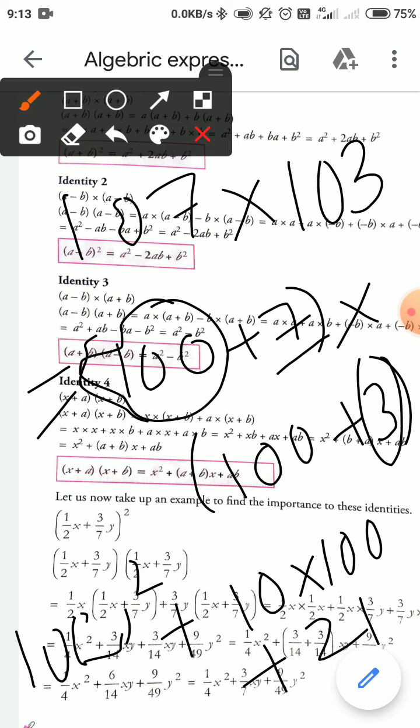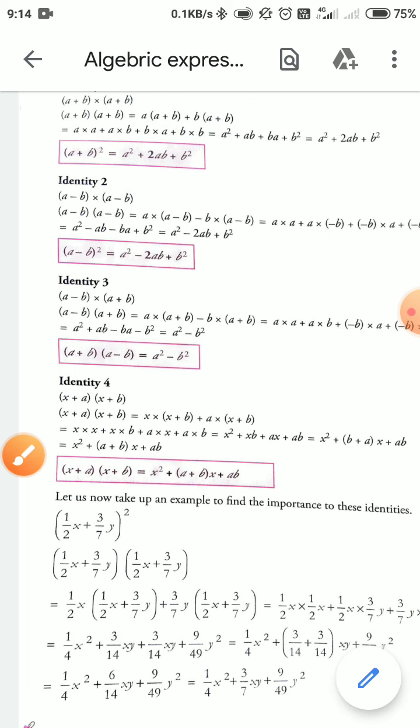What you will simply do is add 100 square with 1000 and then add 21, so it becomes 10,000 plus 1000 plus 21, right? So you can add these things by yourself. On the basis of this your remaining exercise questions will be done.